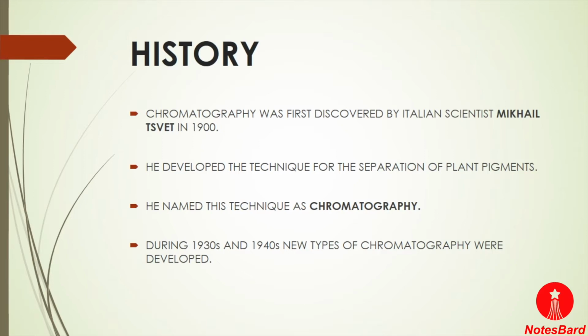These methods include paper chromatography, gas chromatography and many others. The technique was further developed as a result of the work of two scientists, Archer John Porter Martin and Richard Laurence Millington Synge, during the 1940s and 1950s, and they were awarded the Nobel Prize in Chemistry for their discovery. So this is the history of chromatography.